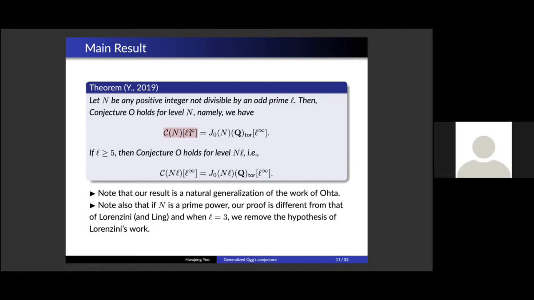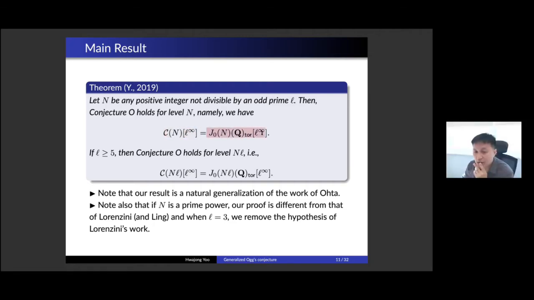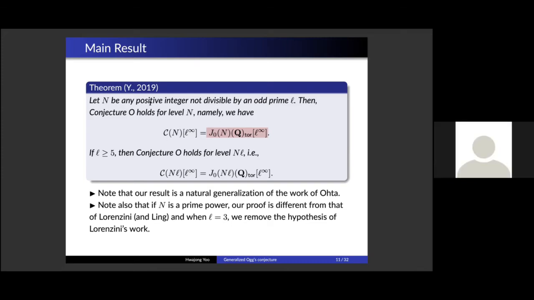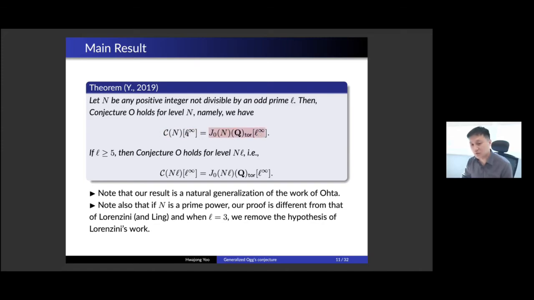We know that the left-hand side is contained in the right-hand side, and in the middle is C_n of Q of L to the infinity. So they are between these two groups. If you know these two, then by sandwich, all three are the same. So this is a much more general result than the generalized Ogg's conjecture.